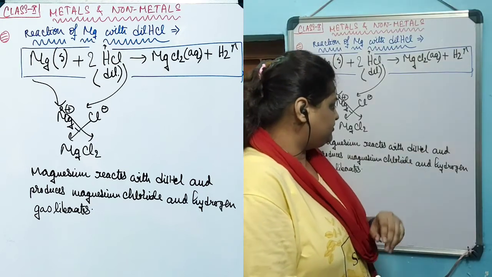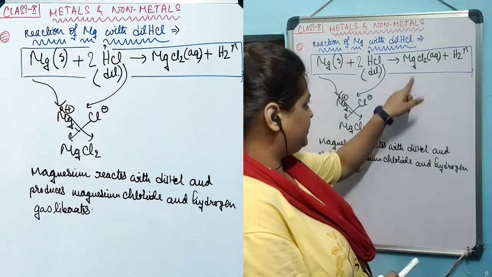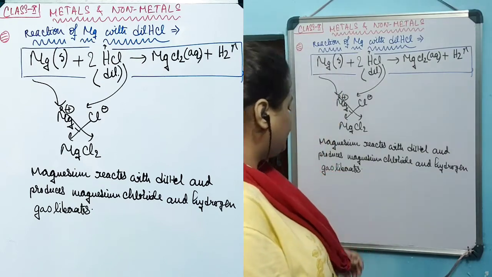Magnesium reacts with dilute HCl and produces magnesium chloride, MgCl2 in aqueous medium, and hydrogen gas liberates.